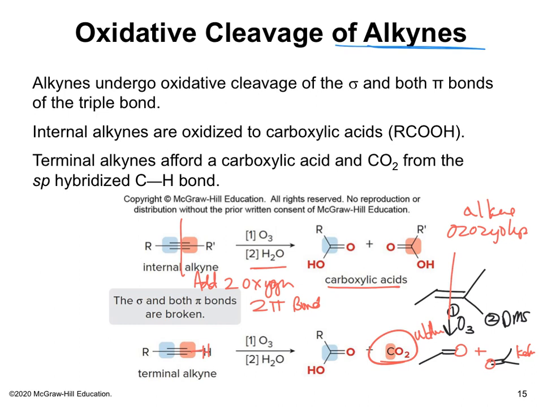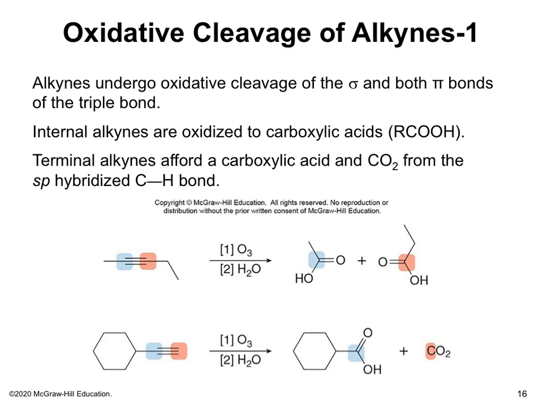Whereas in ozonolysis of alkenes, you only add one oxygen, so you can keep the aldehyde. You cannot have an aldehyde for an alkyne. A terminal will go all the way to a carboxylic acid. So here you have an alkyne and ozone, and this is going to be a carboxylic acid.